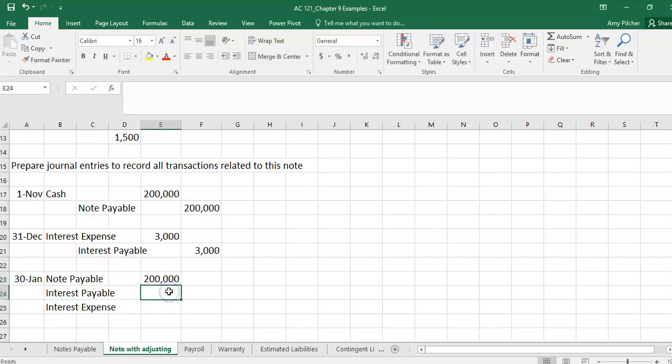We had interest payable of $3,000, and we had an additional interest expense of $1,500. So all told, on January 30th, we will pay $204,500.